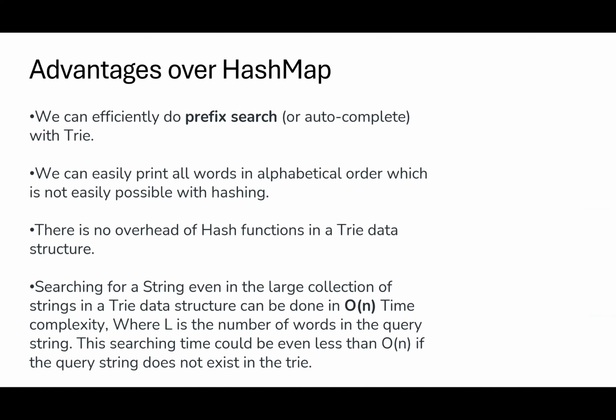Now, one obvious question that you may ask: if you want to store words and strings and create a dictionary, why don't we use a hash map? We could just simply create a hash map and put our words in it.